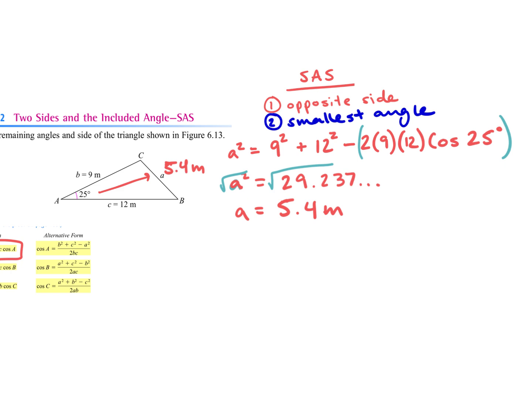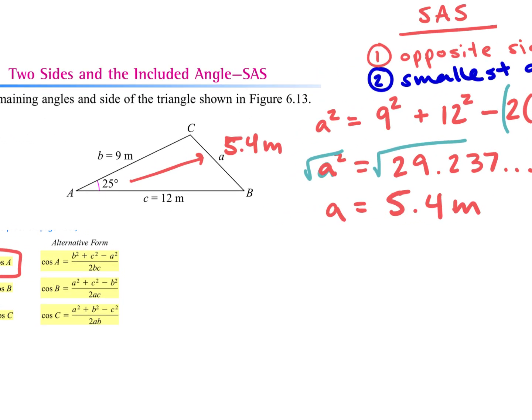Side angle side. First thing you want to find is the opposite side. Second thing is the smallest angle. So smallest angle is always second. So think second, smallest. Second thing you always want to find is the smallest angle. So which one out of C and B is smaller? B. So let's find B next. Obviously our smallest angle is angle A, because that's our shortest side, is side A. But just out of the two remaining, you want to find whichever one's smaller.